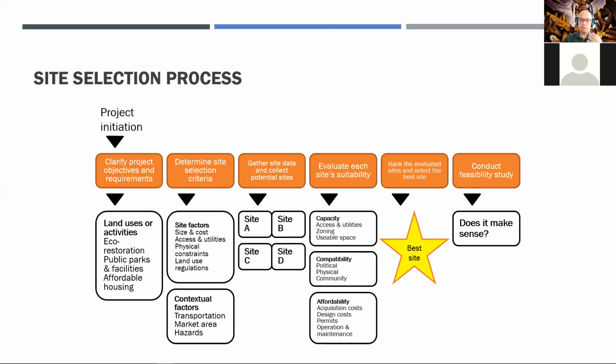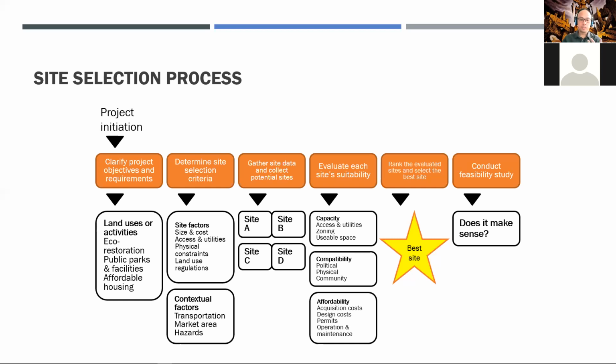Many social, economic, and environmental factors can also influence the success of a land development or land redevelopment project. Choosing an appropriate set of selection criteria will help you narrow the search and streamline the process of evaluating and comparing potential sites and ultimately selecting the best available site.